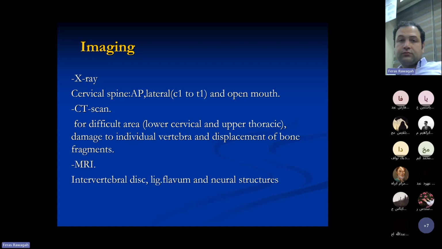What does it say? In order not to order CT cervical spine, in order not to order image of the cervical spine, the patient should be fully conscious. The patient should not be under the effect of drug or alcohol. The patient should not have neck pain or tenderness. The patient should not have distracting pain.